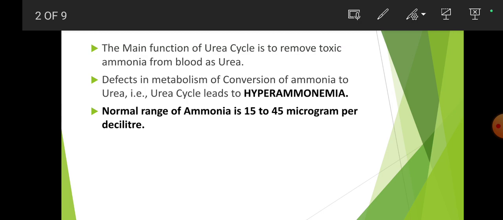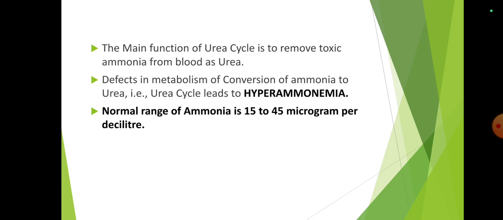If there is any defect in the conversion of ammonia to urea, then the urea cycle leads to hyperammonemia. In our body, the normal range of ammonia should be 15 to 45 microgram per deciliter.